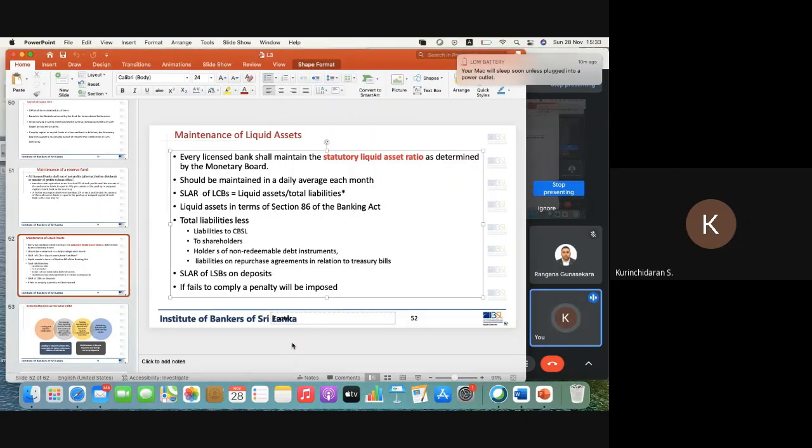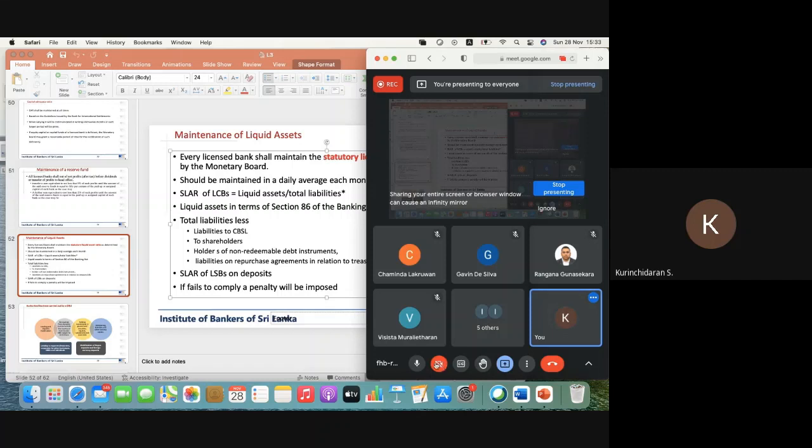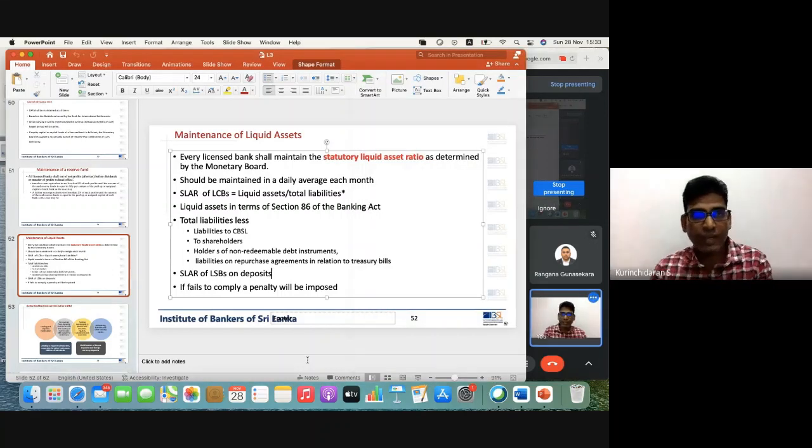Every licensed bank should maintain a liquid assets ratio.